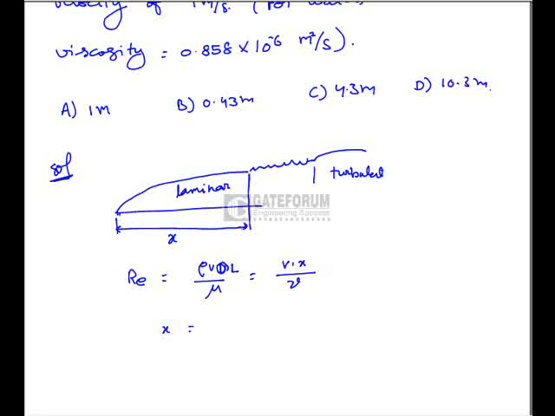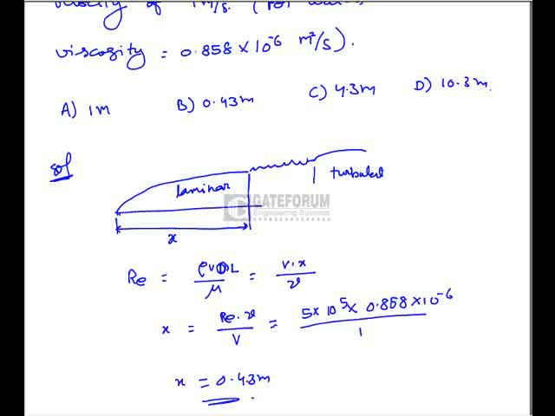So the distance from the leading edge is x = Re into nu by V. Here Re is 5 into 10 power of 5, kinematic viscosity is 0.858 into 10 power of minus 6, and velocity of the fluid is 1 meter per second. So it gives a value of 0.43 meters. So in the options, the right option is B.